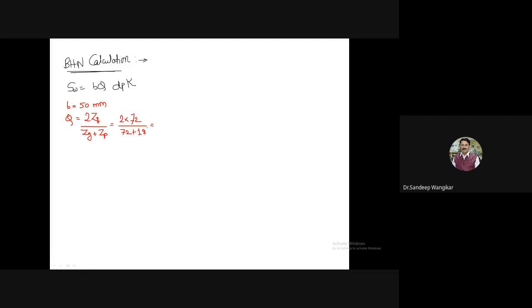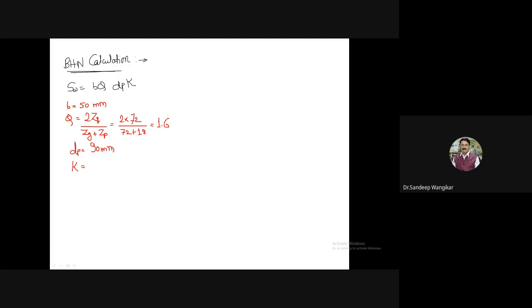What is my Q value? If you calculate this, the answer for Q is 1.6. Then dP, we have already calculated, is 90 millimeter.